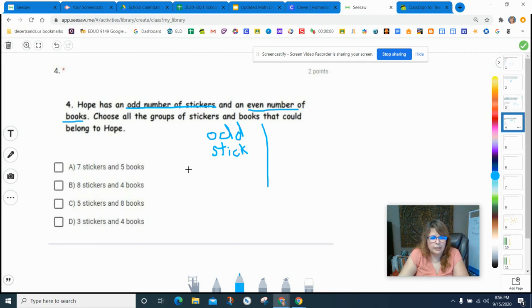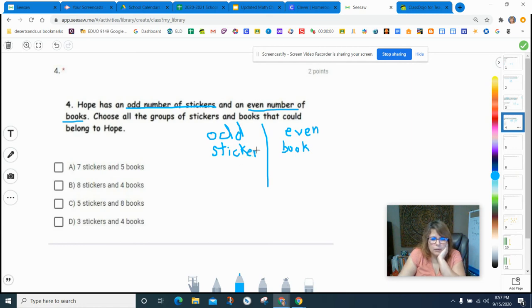I don't want to write the whole thing. And then an even number of books. So I'm going to put even, and I'm going to put books. Now this helps me focus to see which one I have.